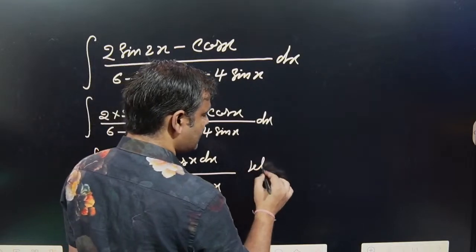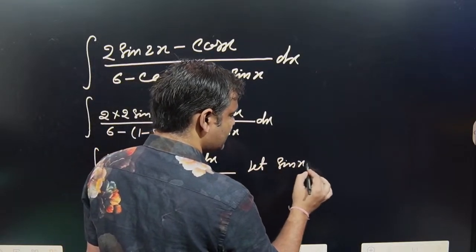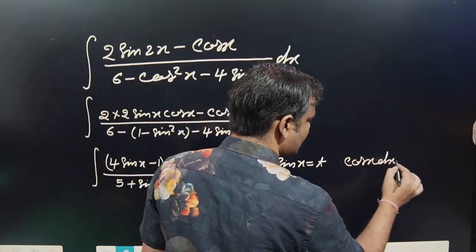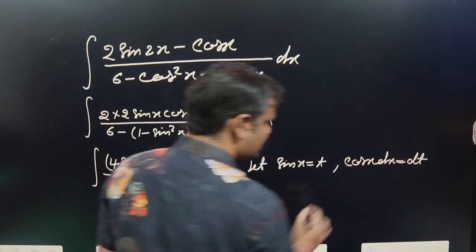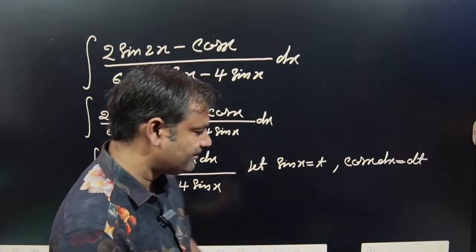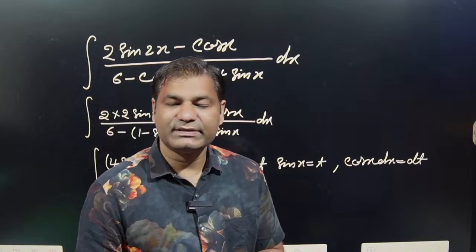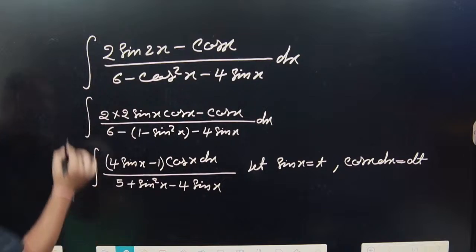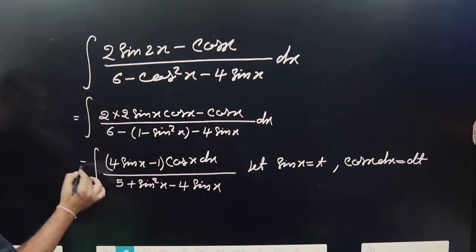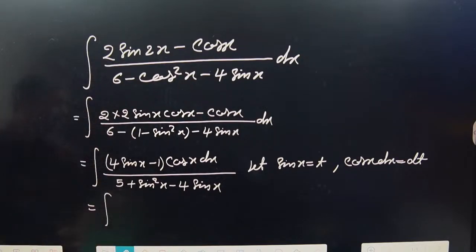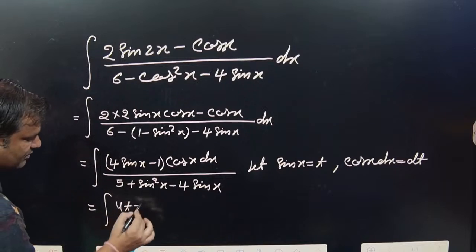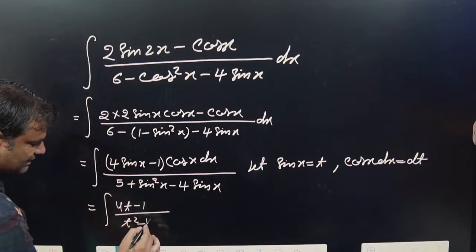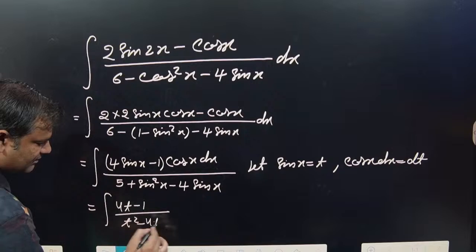Let sin x be equal to t, then cos x dx will be equal to dt. So if sin x is replaced by t, then cos x dx is replaced by dt. Okay, so you can say that this one is written as 4t minus 1 divided by t square minus 4t plus 5 into dt.